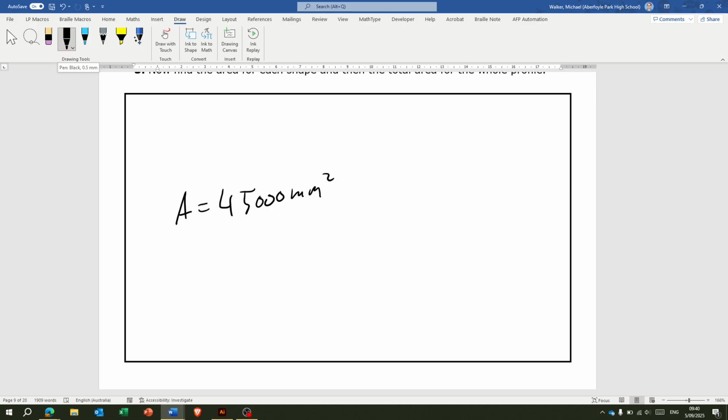Note that it's a 2 because it's an area. Now if I want this in meters squared, it's going to be 0.045 meters squared.